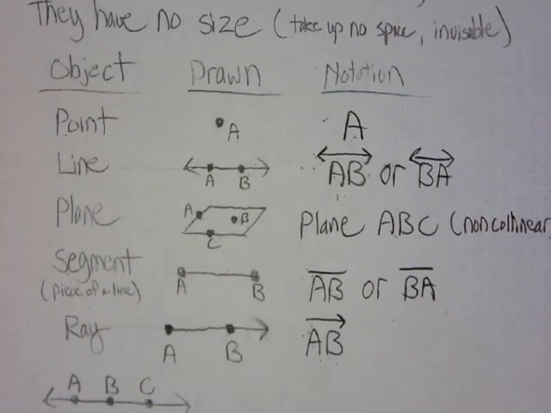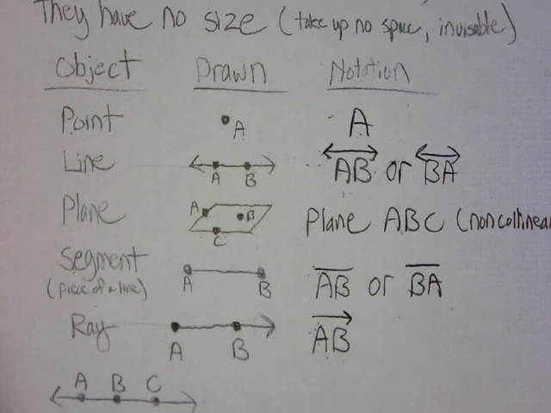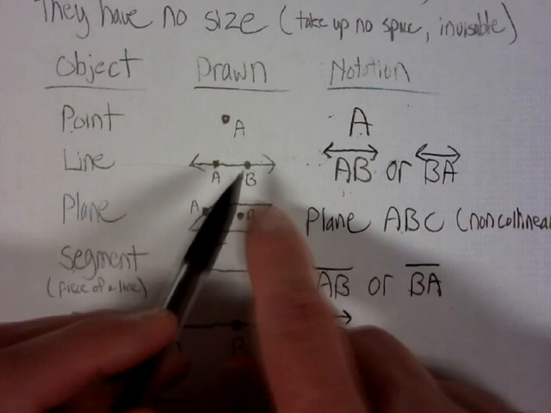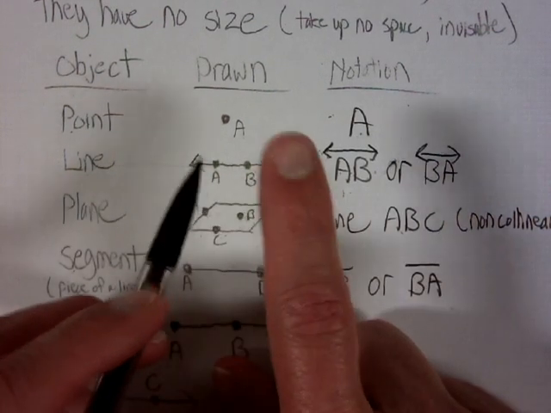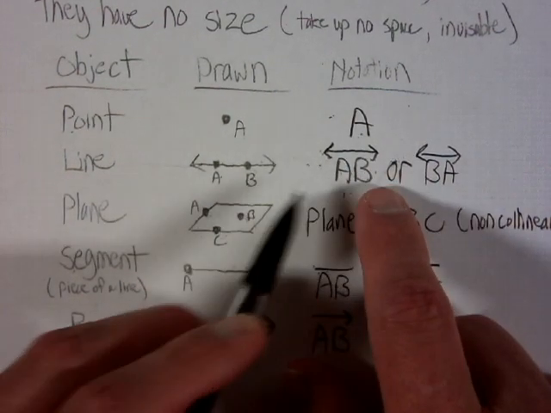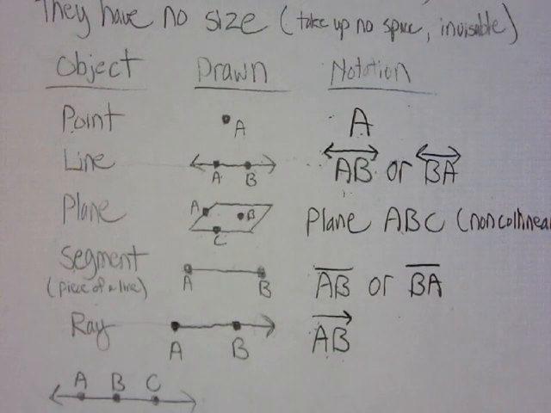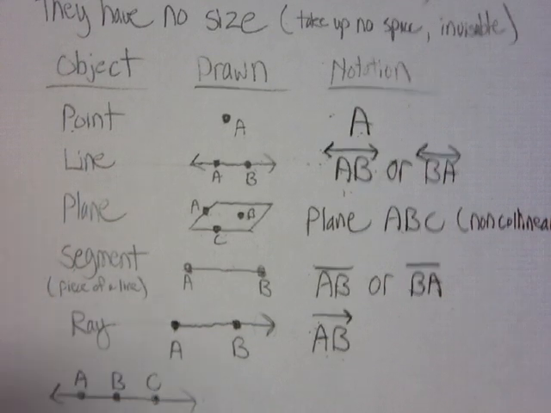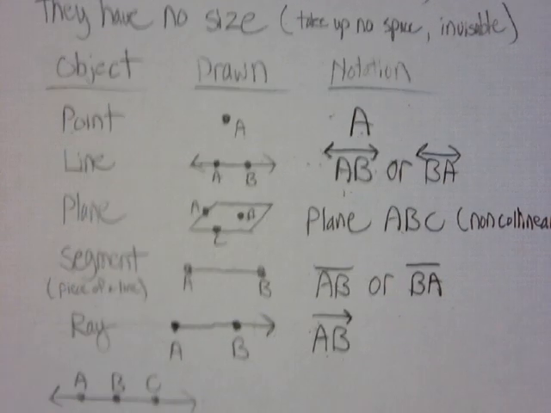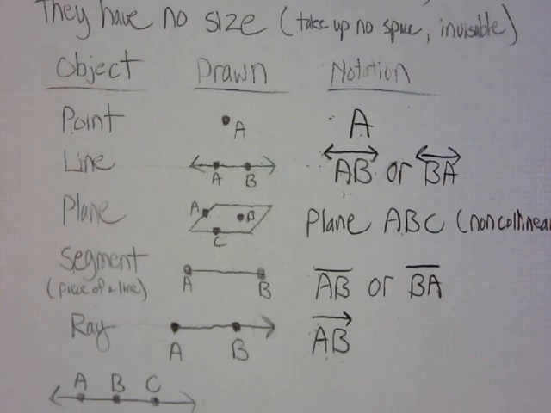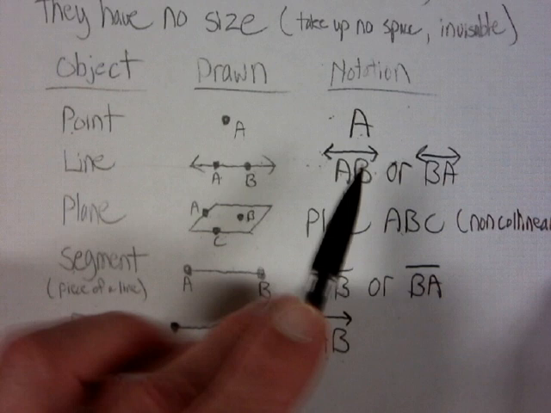Okay, now line has a few extenuating circumstances we're going to talk about here in a few minutes. But generally speaking, 2 letters to name a line. So if you're asked to name a line, and you put an answer of line ABC, I know that there's no way that that can be correct. You need 2 letters, okay?